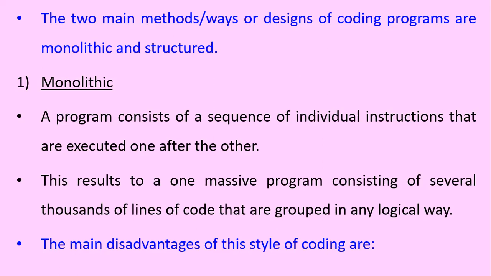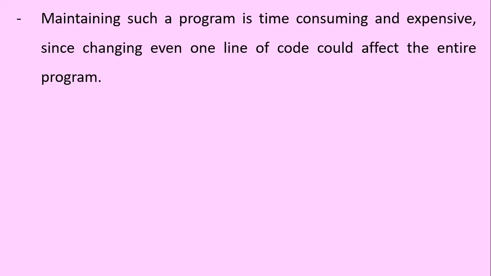The main disadvantage of this style of coding is that maintaining such a program is time-consuming and expensive, since changing even one line of code could affect the entire program.